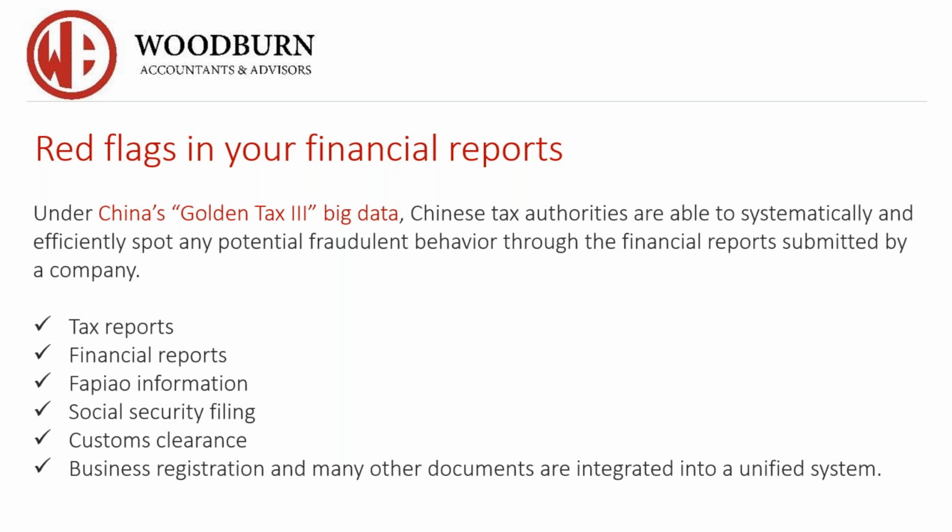Then you've got the fapiaos. So as I highlighted in yesterday's presentation, if there are frequent mistakes in the data that you're inputting in the fapiaos, that will be a red flag. Social Security filing. This is very key because it was actually implemented in 2019, but officially now, October 2020, it pertains to every single company in China.